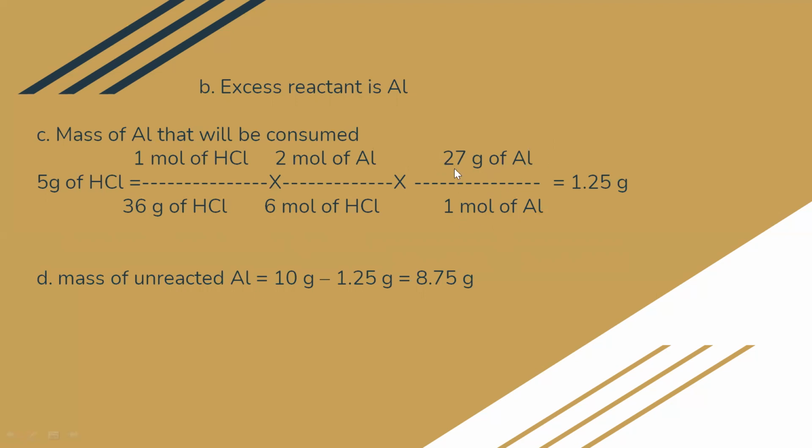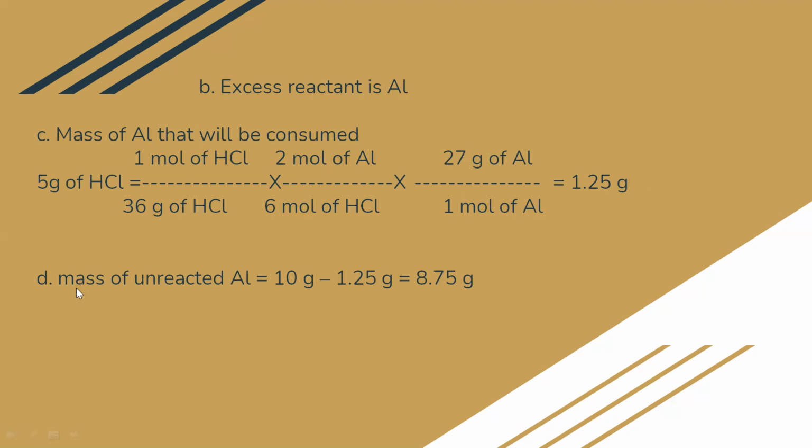So in 27 grams of aluminum, there is 1 mole of aluminum. So the units cancel, and the remaining unit is grams of aluminum. Therefore, we have 5 times 1 divided by 36 times 2 divided by 6 times 27 divided by 1. The answer is 1.25 grams of aluminum.